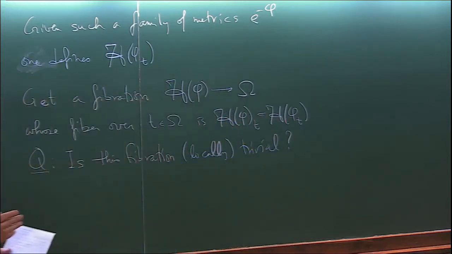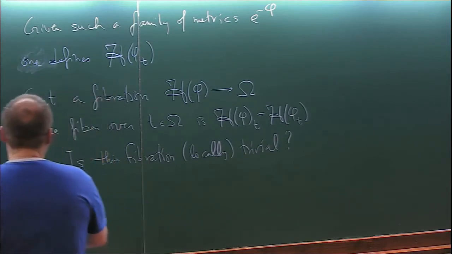You have a family of Hilbert spaces and you want to know whether or not, there's no topology yet, so it's complicated to even discuss this question. But one thing's for sure, it would be trivial if all the fibers were, in a canonical way, the same Hilbert space. So in general, the answer is no.